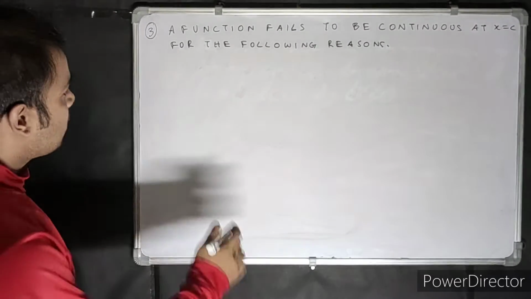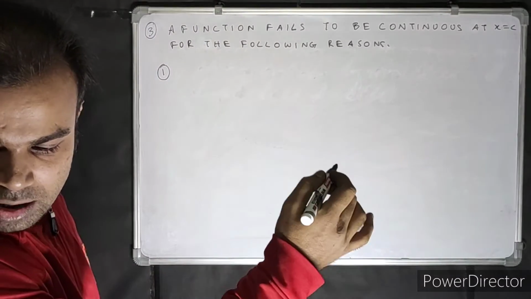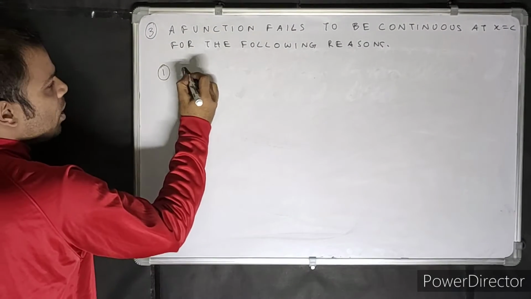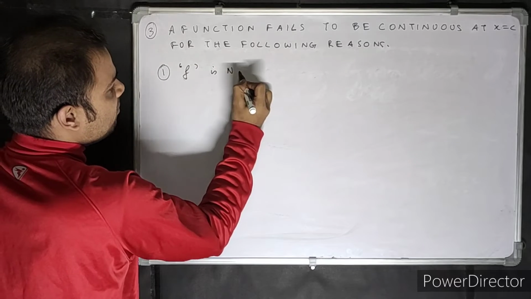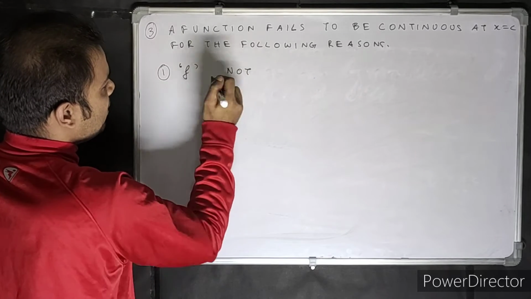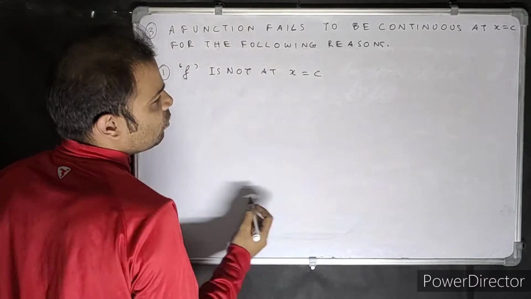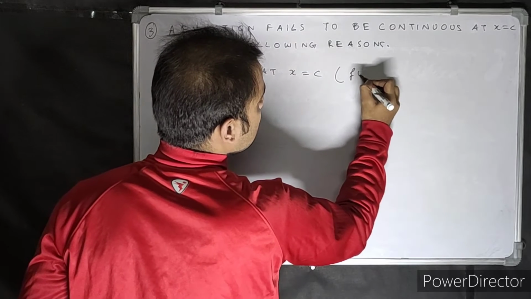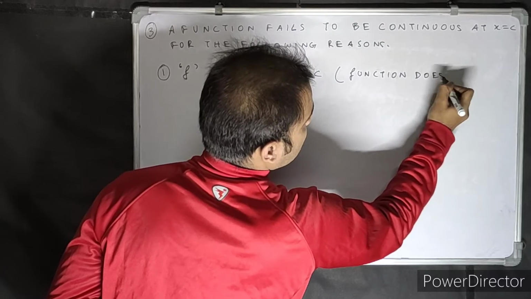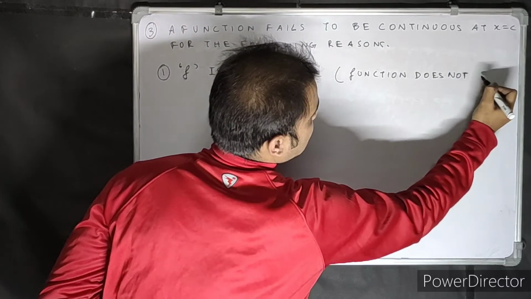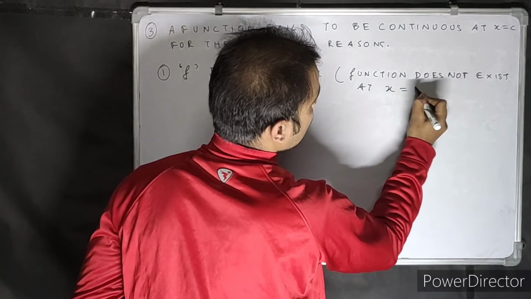First reason is very simple. Given that f is not defined at x equal to c. So small f is not defined at x equal to c, which means the function does not exist at x equal to c.